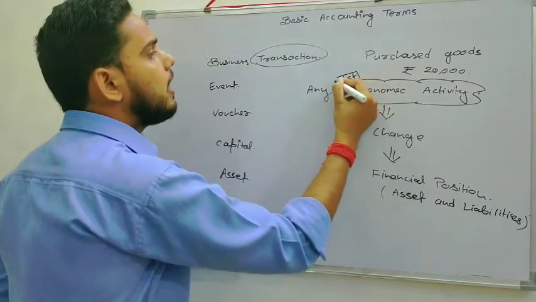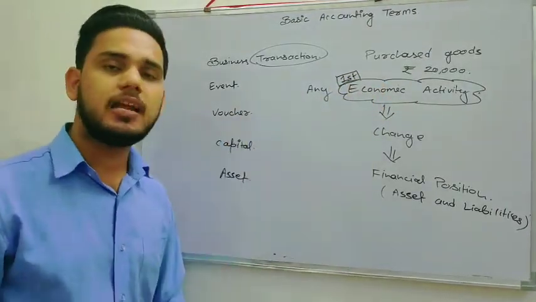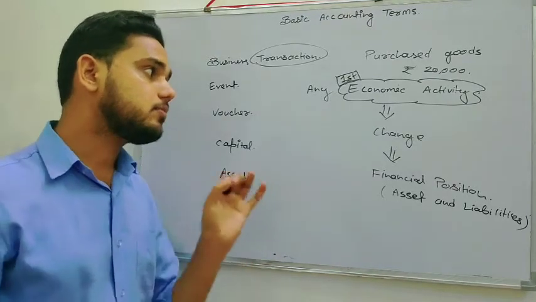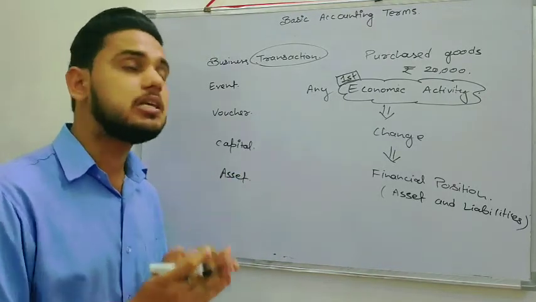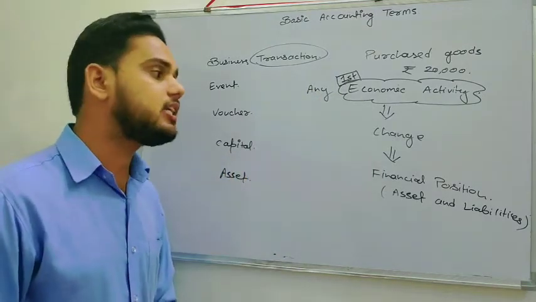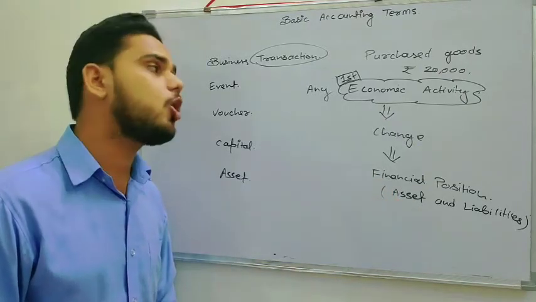But we have to check a second condition also to verify whether that is a transaction or not. The second condition is we have to see whether, because of this economic activity, there is any change in the assets or liabilities or not.